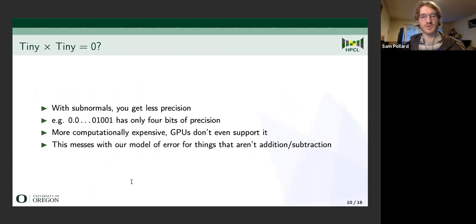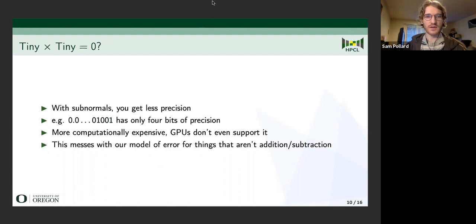So the thing with subnormals is you get less precision. If we recall this mantissa, there is a 0 point, and again, this is in binary. I didn't put the base here, but it's a binary decimal representation. You have all these zeros, and you finalize with a 1001. We only get 4 bits of precision there, because you don't know what happens to the right of that 1.